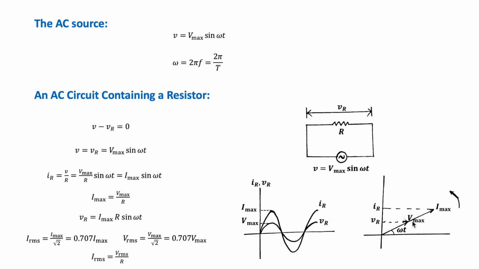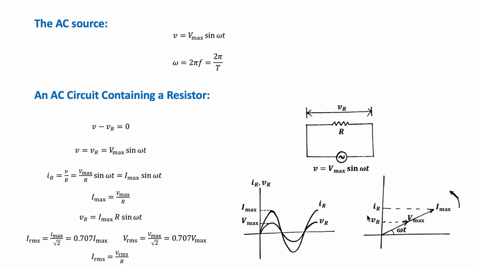And the projection of the phasor on the vertical axis represents the instantaneous value of the quantity, which is IR or VR, okay? So for this circuit containing a resistor, the phasors lie along the same line because both are in phase. So they rotate together, they are in phase, okay?